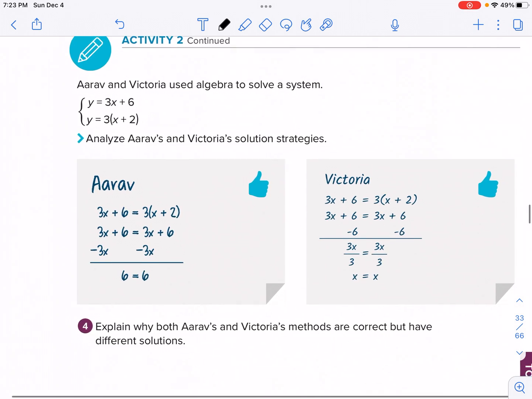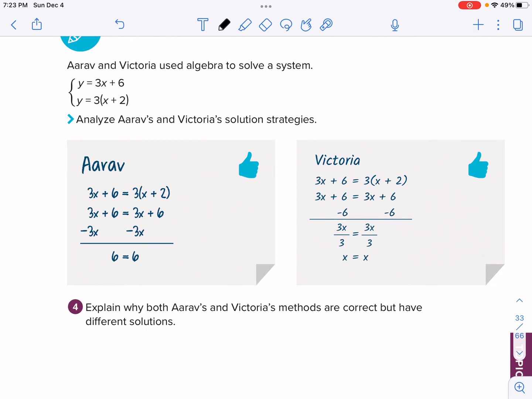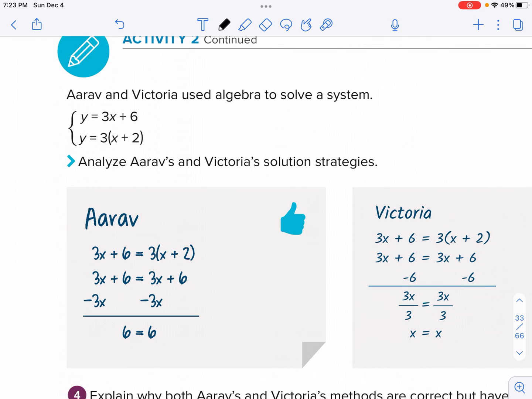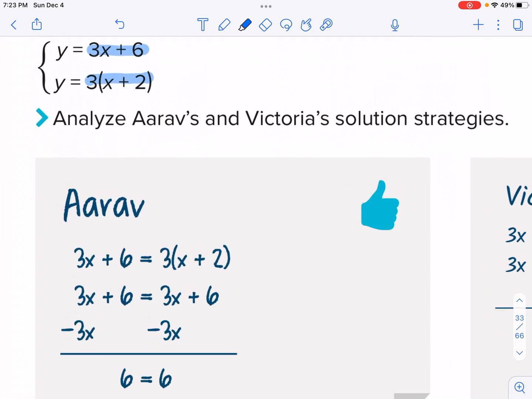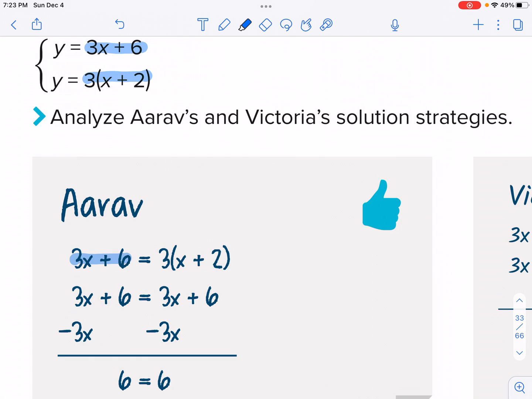Okay, so we took these 2 things, and we have 2 people, Arav and Victoria, who solved it algebraically. So we're going to look at Arav's first. What they both decided to do, since this says y equal to this expression, is set these 2 expressions equal to each other. We can see that here, right? 3x plus 6 and 3 times the quantity x plus 2.